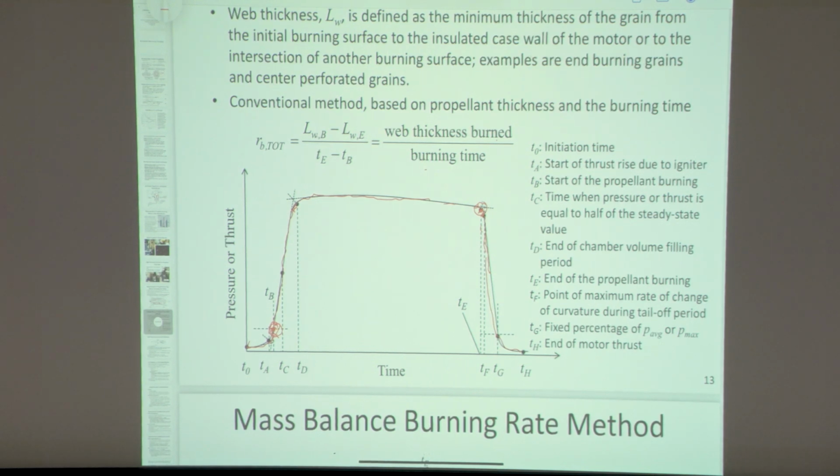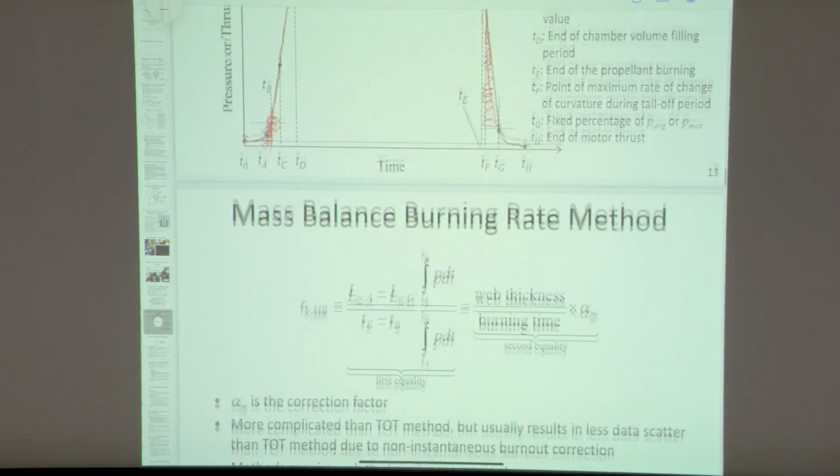And so I just basically take the web thickness and divide it by that time. And there's variations on that, how I define that, because, you know, it's a relatively crude measurement. And how much of this area over here should I include? How much of this area over here should I include from the fact that the grain is burning? Okay, so you can see variations on that.